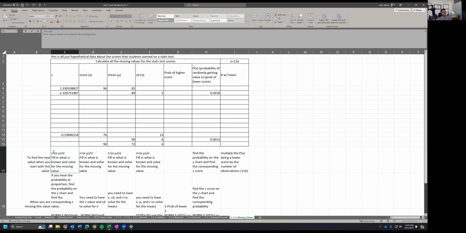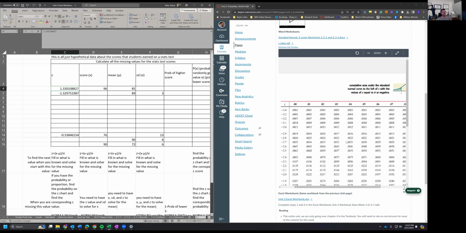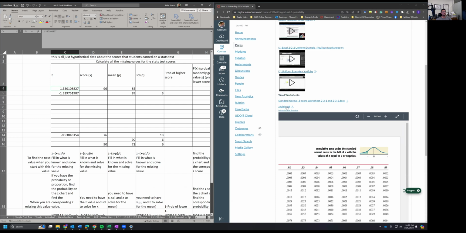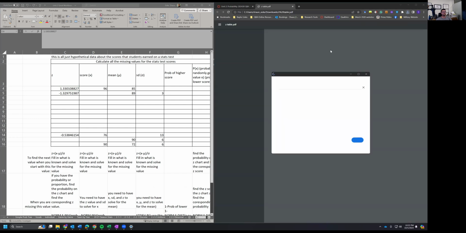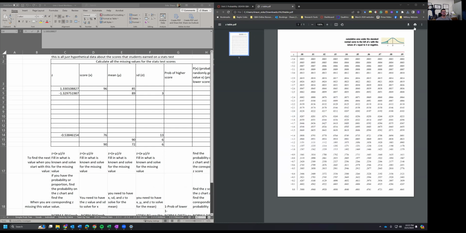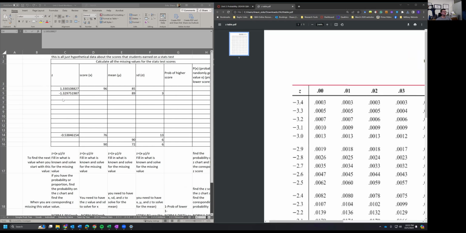With a z-score, right here, you've got this 1.33. Like I said, you can use a z-table, and let's start with negative 1.32. Let's download this z-table so it's a lot easier to look at. We've got the z-score of negative 1.33.